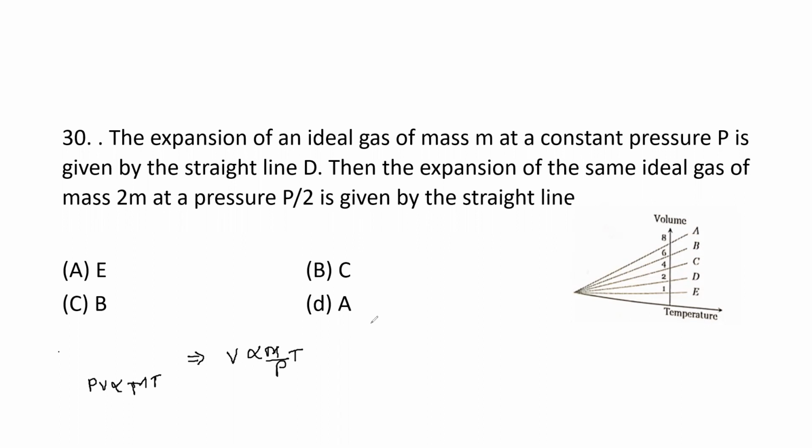So what is this M divided by P? This M divided by P represents the slope of the given straight line, whatever the graph is given.